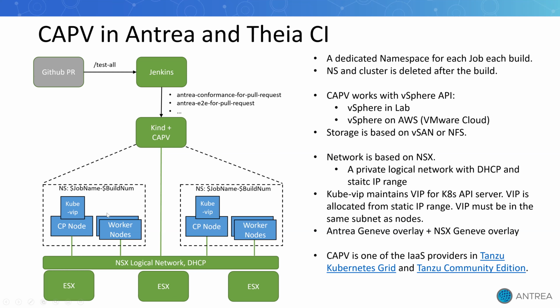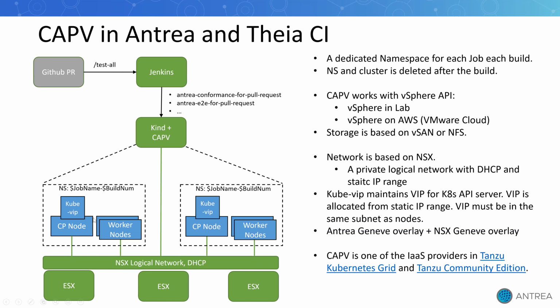And then after the test, it exports the logs and deletes everything inside this namespace. So all of the resources on the underlay and on the vSphere physical cluster will be cleaned up very fast and cleanly. So it's a very convenient way of allocating a new Kubernetes cluster on demand.